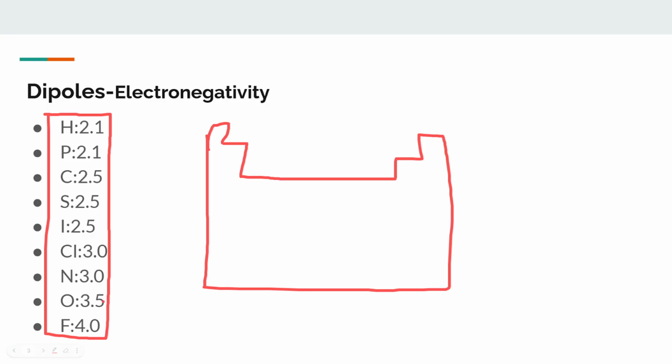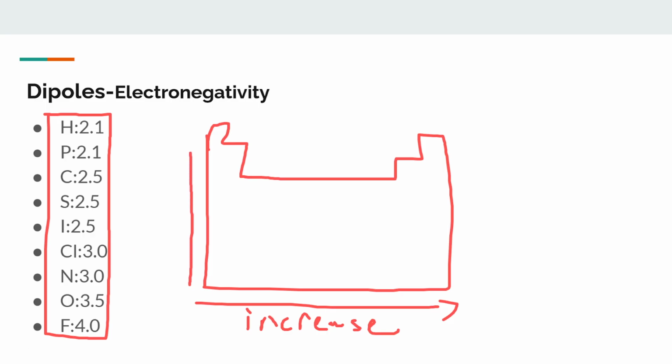So electronegativity will increase as we go along, and it will increase as we go up. So fluorine is going to be way more electronegative than potassium, which is down here. And hydrogen is going to be less electronegative than, or sorry, I keep saying helium, hydrogen is going to be less electronegative than the elements over here.